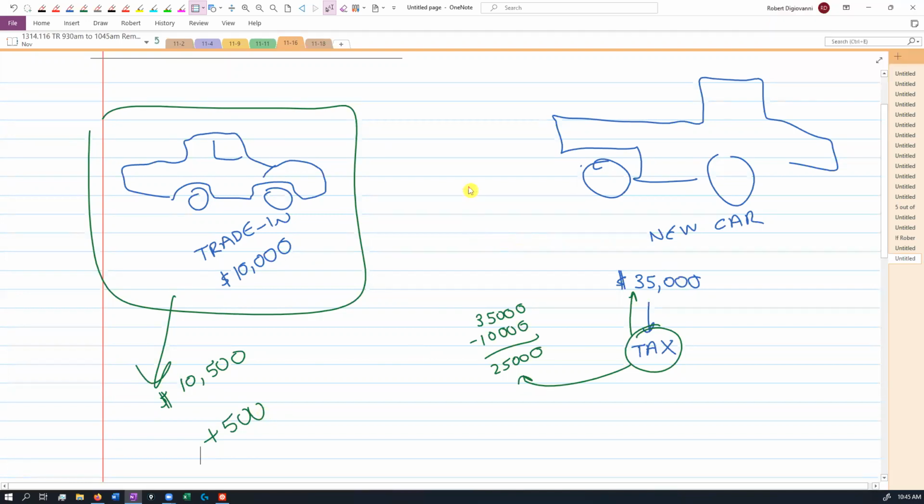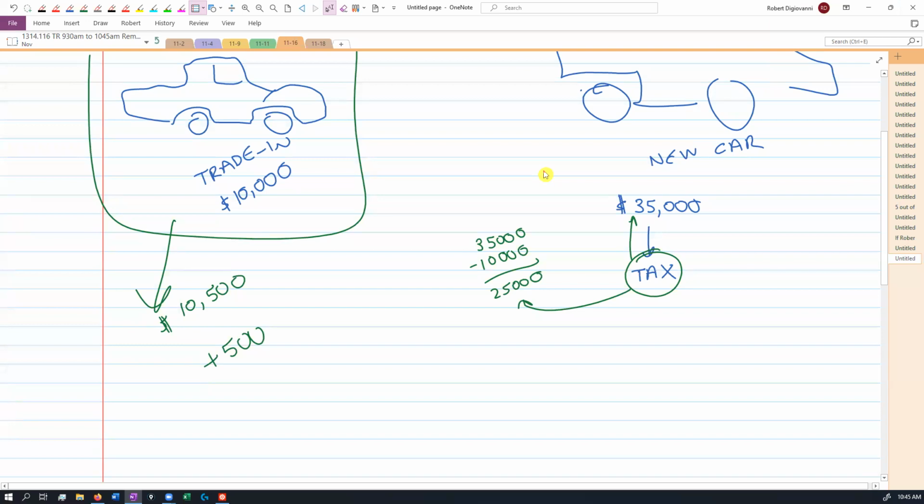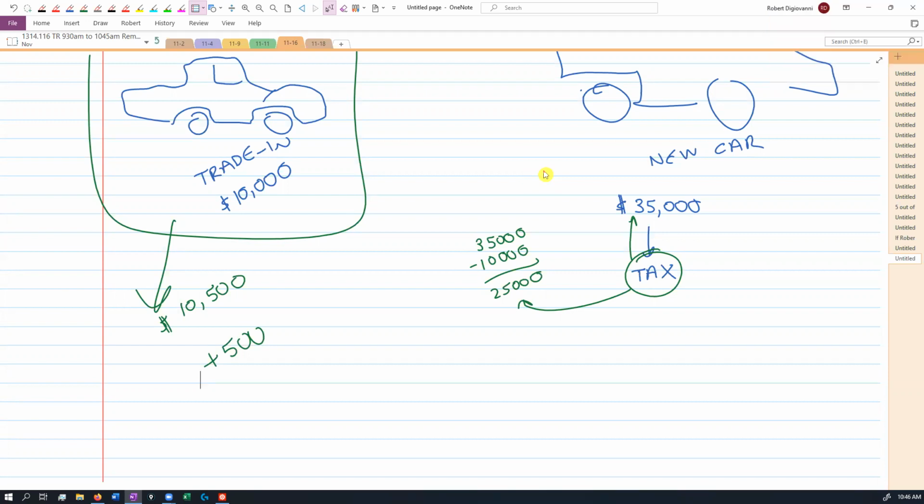Your tax would be over $2,000, I think. Not quite, the thing is, on $10,000, I believe for cars the tax rate is not 8.25%. It's lower on a car.